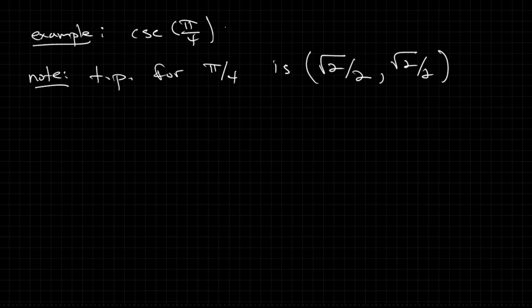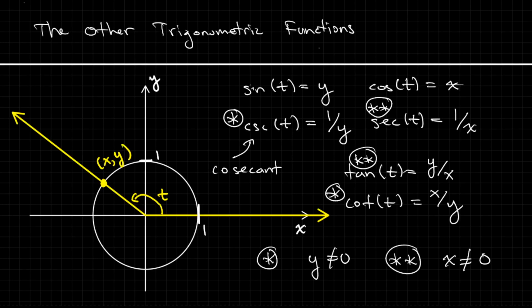Now, the way that I remember what cosecant is, you'll notice that cosecant is very similar to sine. Sine of t is y, and cosecant of t is 1 over y.